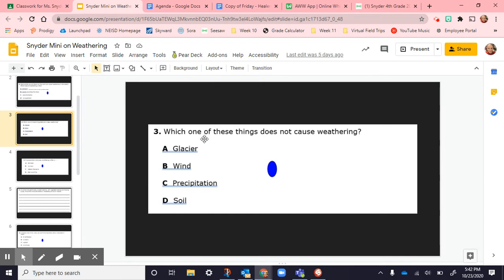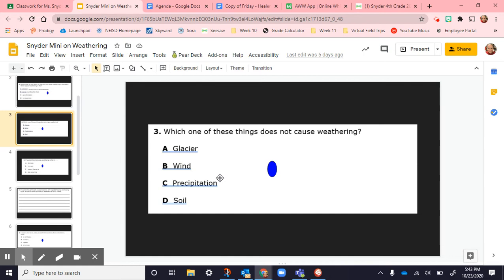Number 3, which of these things does not cause weathering? So, does not. Glacier, wind, precipitation, and soil. The kids weren't familiar with precipitation. We'll talk about it a lot more once we get to the water cycle. I'm almost certain they had that vocab word last year when they talked about the water cycle. But anyways, we went over it.